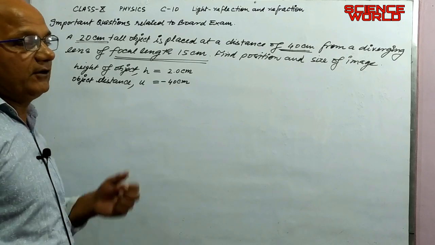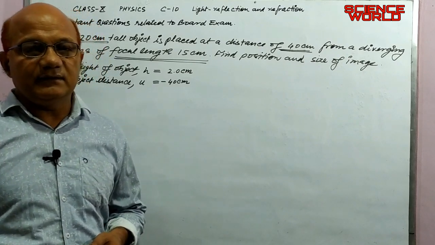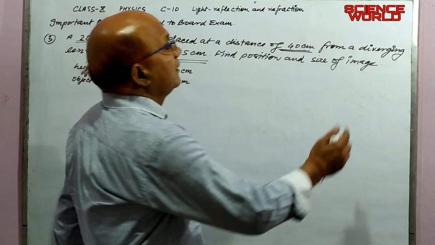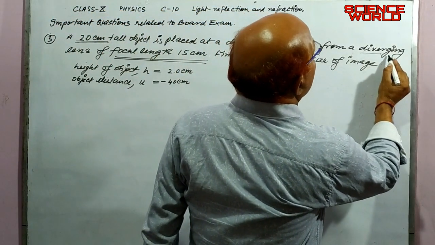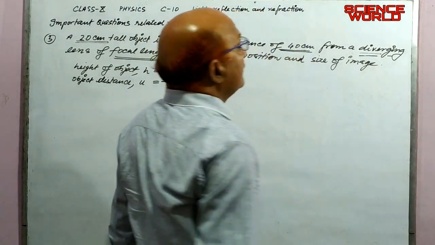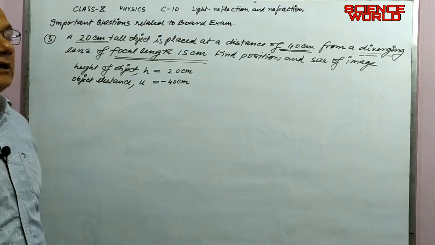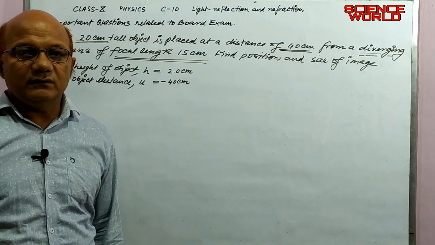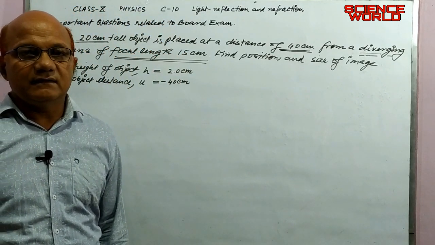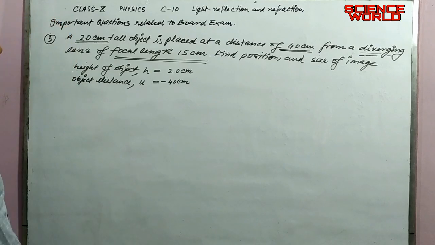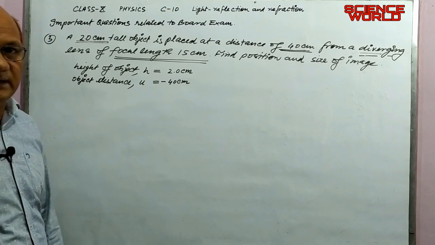What type of lens is mentioned in this question? It is diverging lens. Diverging lens means, do you know what is diverging lens? It is actually concave lens. Diverging lens is concave lens.